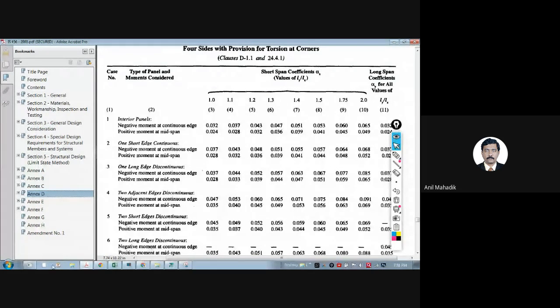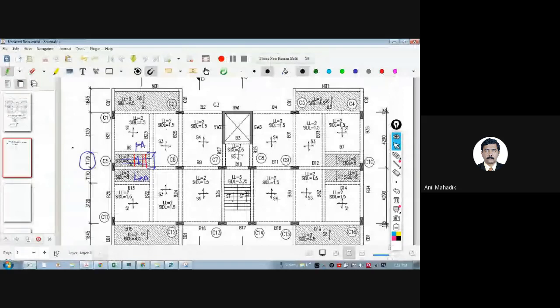Okay, let's go here itself and tell me which condition this is. For S4, what is the condition? See, this is your discontinuous end. So this is your short span. So one outer short edge discontinuous. And there is a slab over here, so there is continuity.